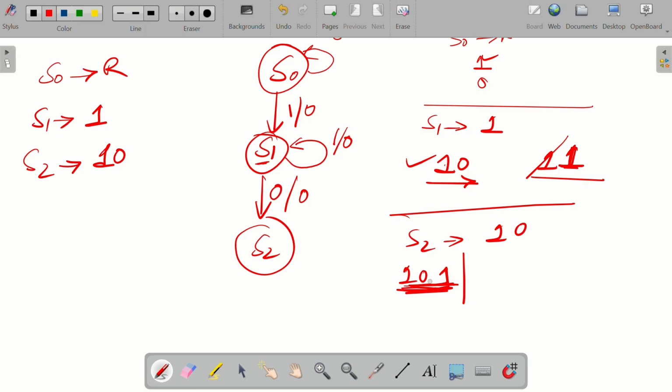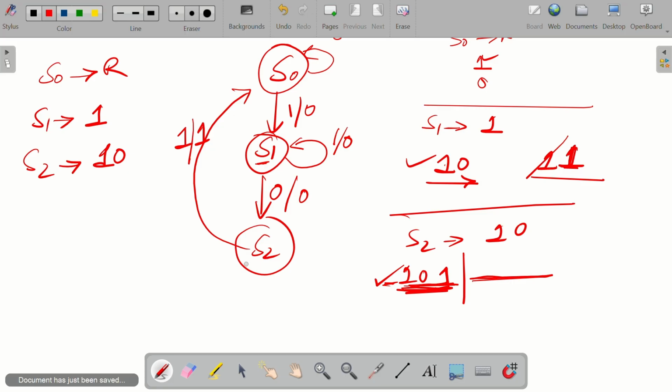If I get a 1, this means I have detected the sequence. I can move on to the next sequence to be detected. So I move on to the reset state if I get a 1, and the output will be 1 because 101 is detected. I already have 10 here. I get a 1, my sequence is detected, my output is 1. So you go to the reset state where you are getting ready for the next sequence to be detected.